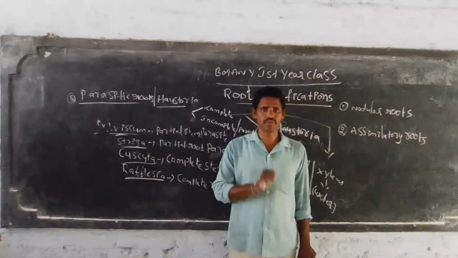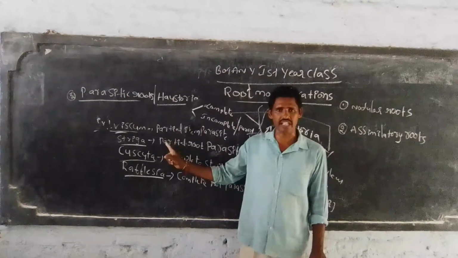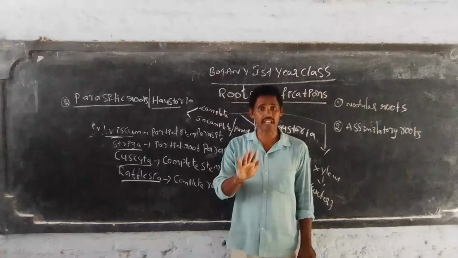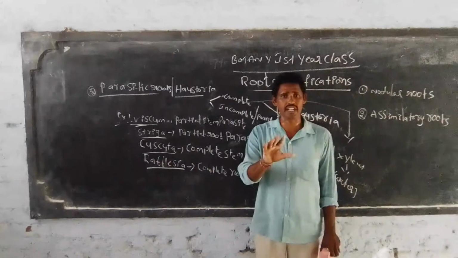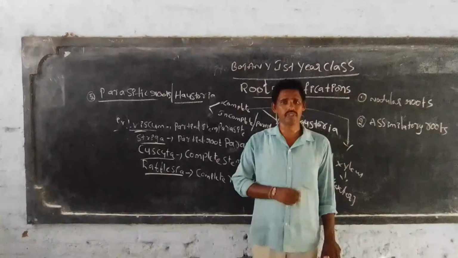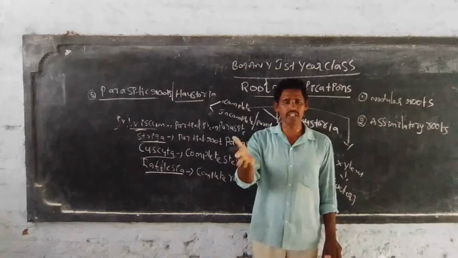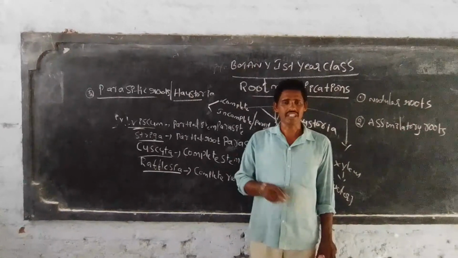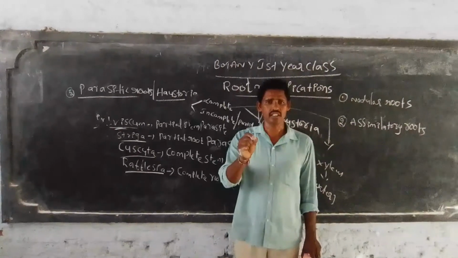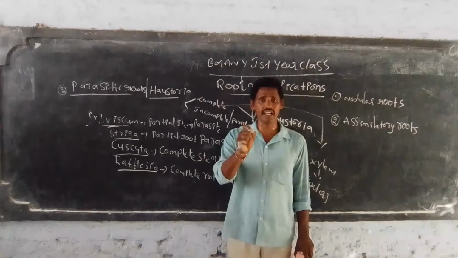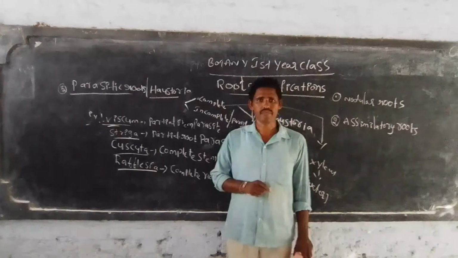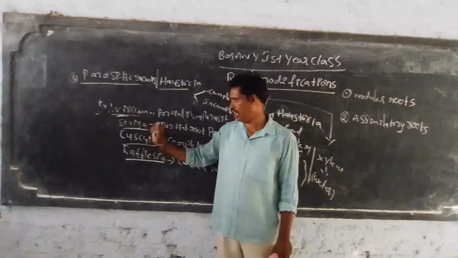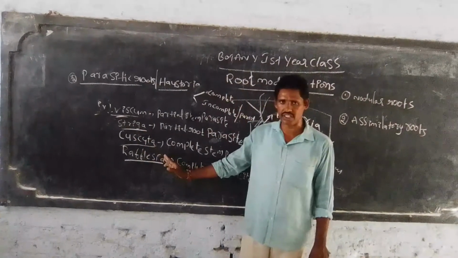Parasites are of two types: complete and incomplete. Examples are Viscum, Striga, Cuscuta and Rafflesia.